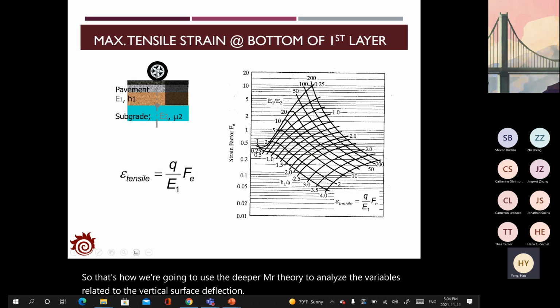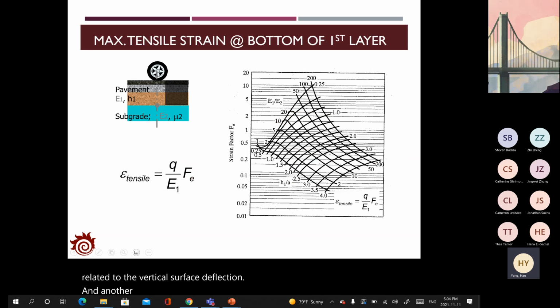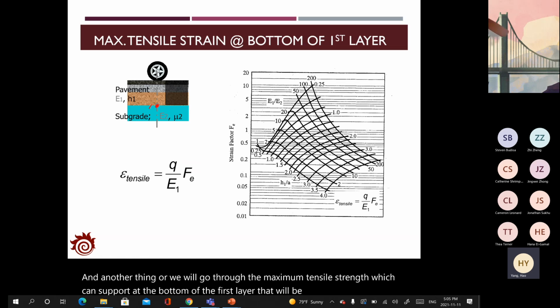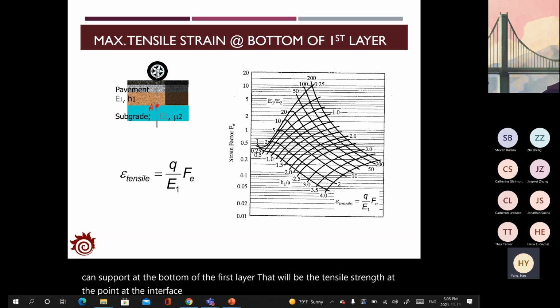And another thing we will go through is the maximum tensile strain, which can be supported at the bottom of the first layer. That will be the tensile strain at the point at the interface between layer 1 and layer 2. And this can also be obtained from the figure on this page.